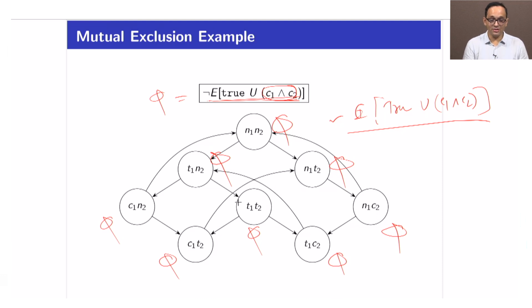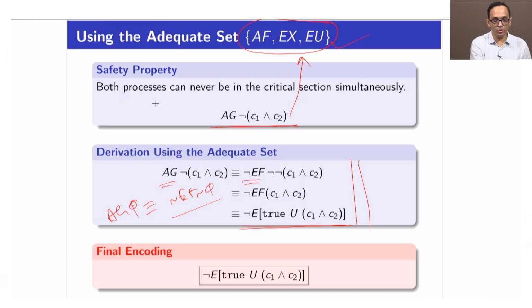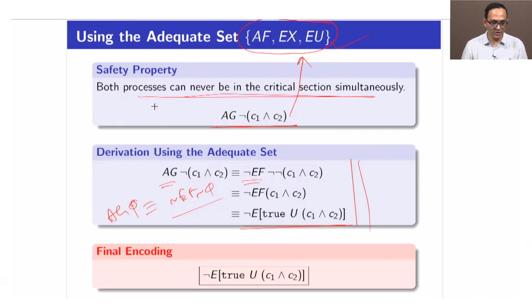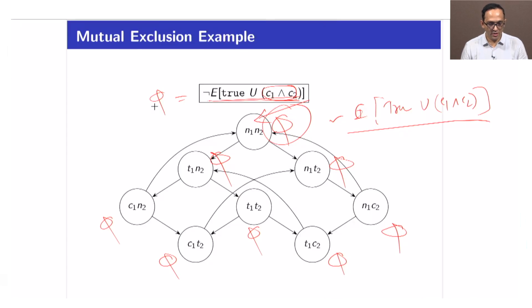So this mutual exclusion, that both processes cannot be simultaneously in the critical section, holds, because even the start state is labeled with phi. Okay, so this is how the labeling algorithm will work for the first property, the safety property.